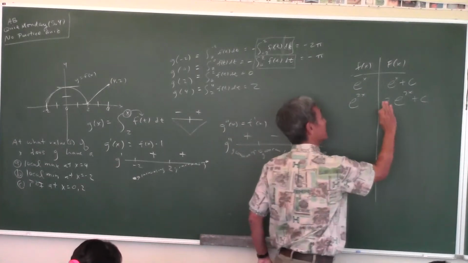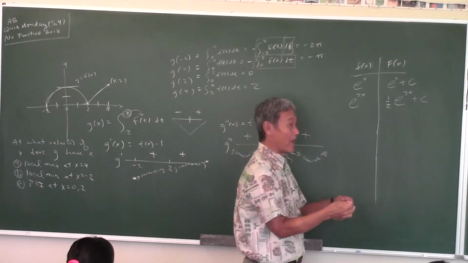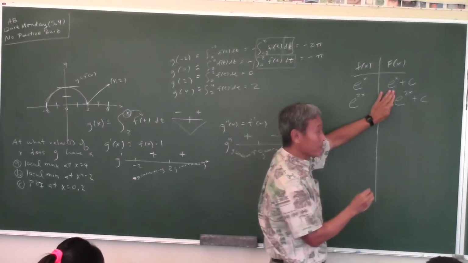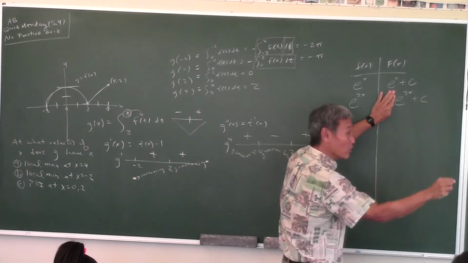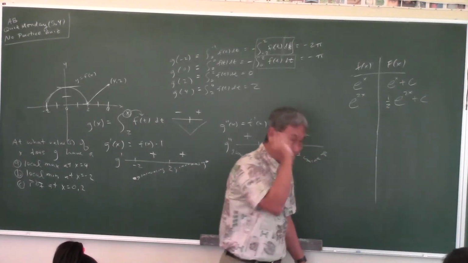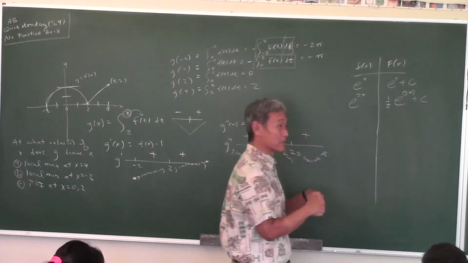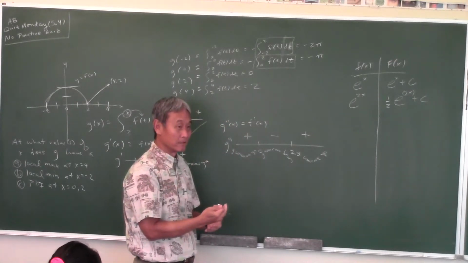Okay, very good. You cannot get mixed up between derivative and antiderivative. Does everybody know why there's a 1/2 there? Because the derivative of e to the 2x is e to the 2x times 2. That's why you need a 1/2 to cancel out the 2. So when the derivative of the box is a constant, you have to adjust for the constant.